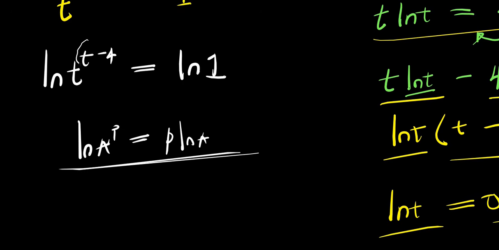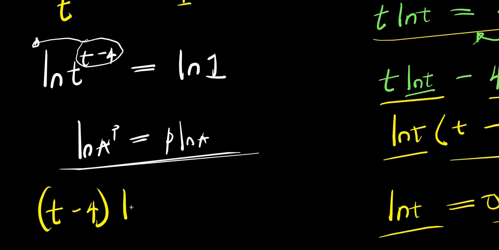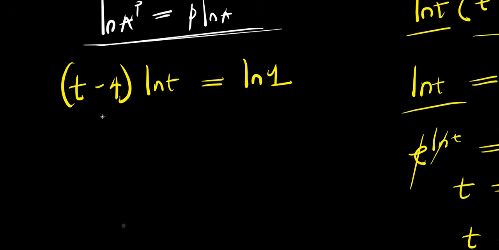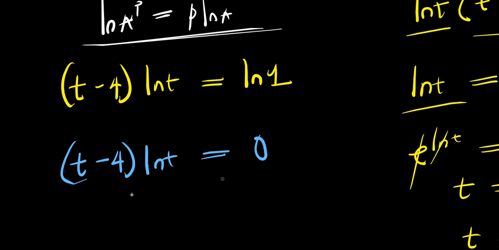So the whole of t minus 4 here will come behind this. That means I will have t minus 4 times natural log of t equals natural log of 1. And natural log of 1 is 0.